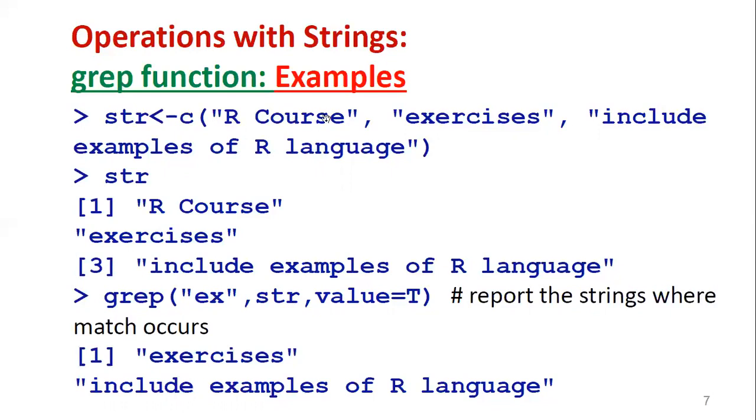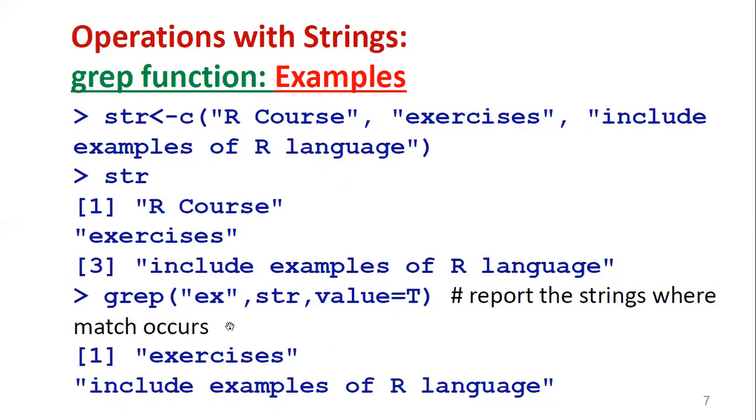Now the pattern ex, wherever it occurs, those strings will be displayed, not the substring but the complete string. In R course, ex is not there. In exercises, ex is there, so the complete string exercises will be displayed. Then the other string, include examples of R language, has ex in examples, but it won't display only ex. It displays the complete string, include examples of R language.